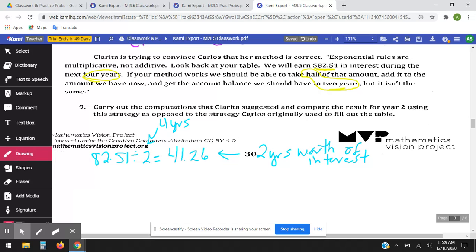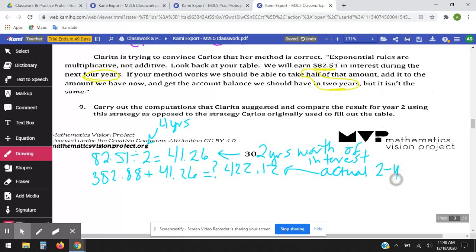Well, let's take our original amount, 382.88 plus 41.26. Does it equal what our 2 years amount is? So this is the actual 2-year total.